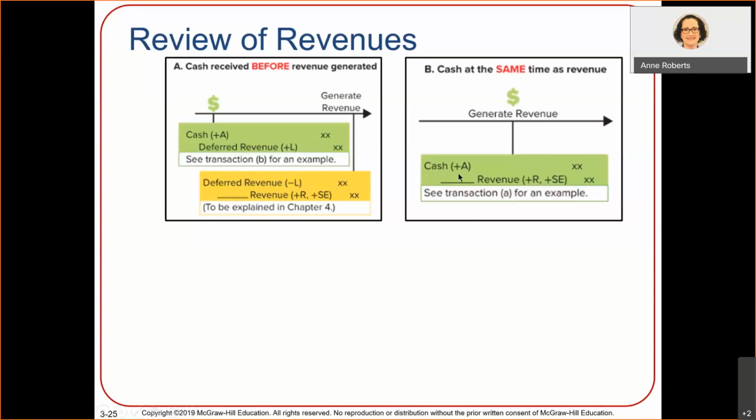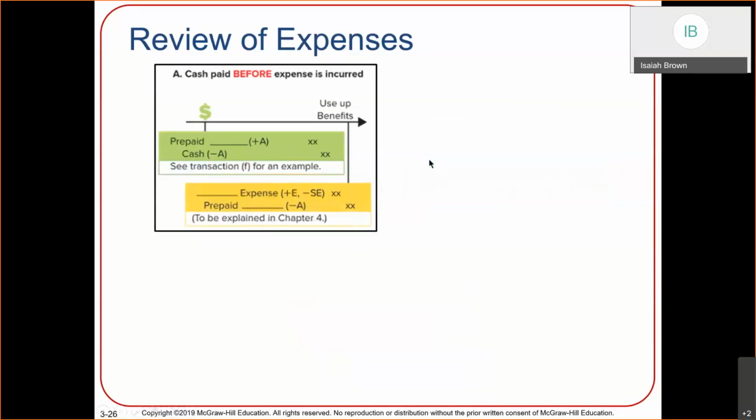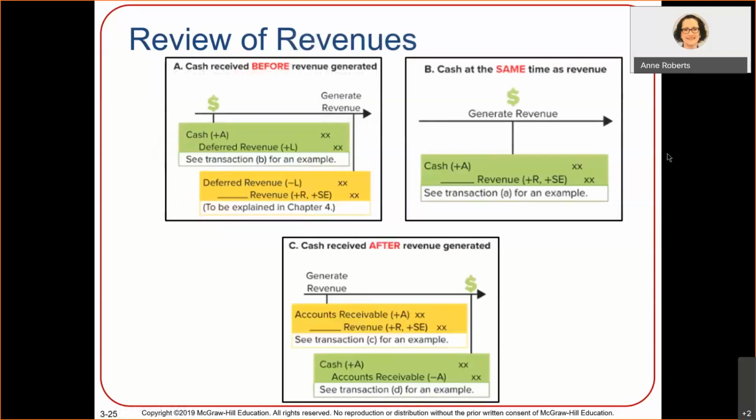Let me look at this one. We collected cash, and we had to record some kind of sales or service revenue. This entry is chapter 3.